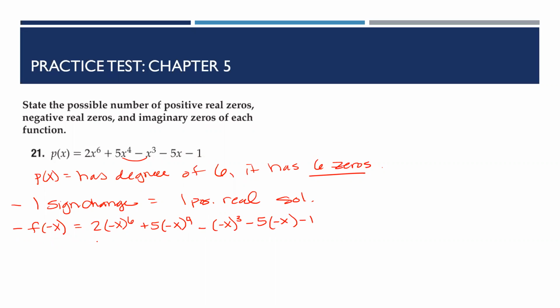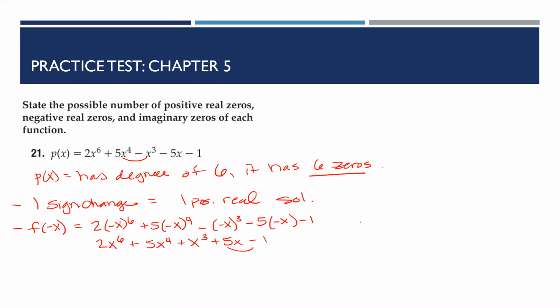So that ends up being 2 times x to the 6th power, it's positive because it's an even exponent, plus 5 times x to the 4th, and then this negative x cubed, that would be negative x times negative, so that would make it a positive x cubed, so still don't have a sign change. And then over here I have negative 5 times negative x, well that's going to be positive 5x, and then I have minus 1. So I only have this one sign change right here, okay?